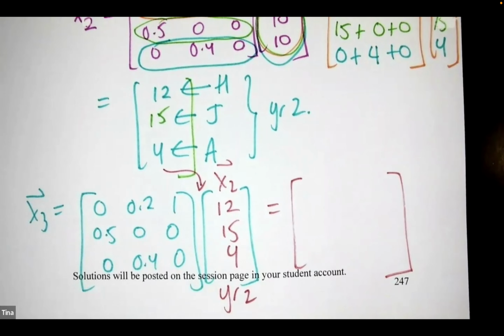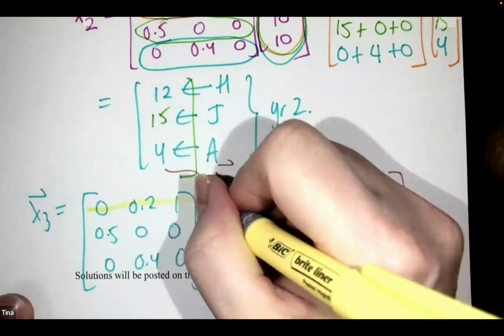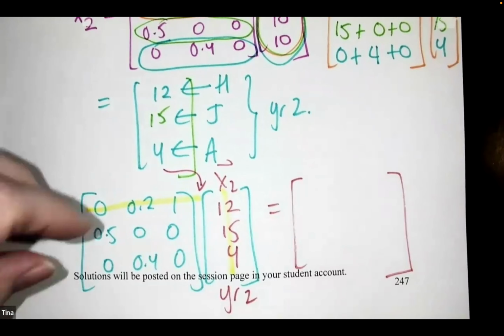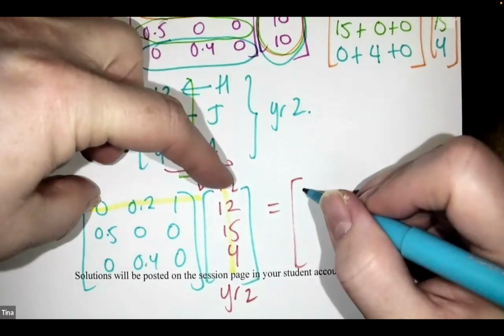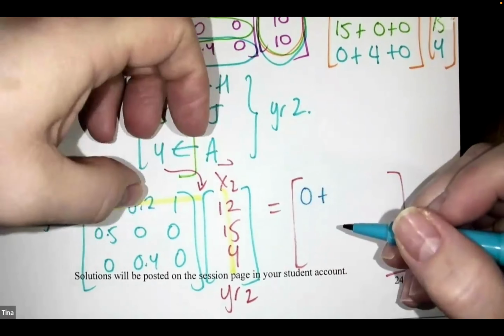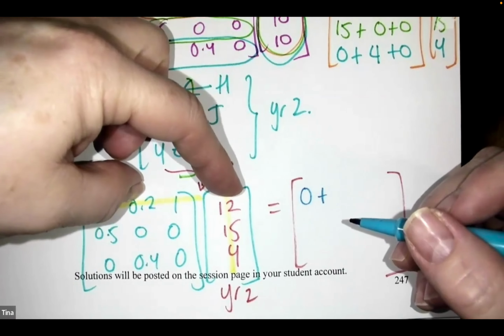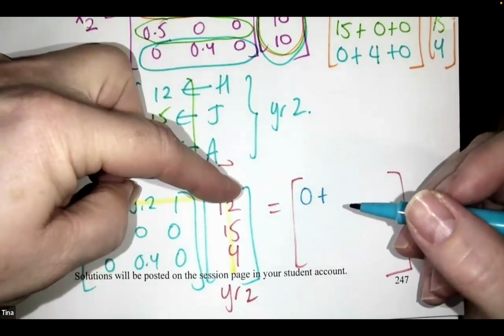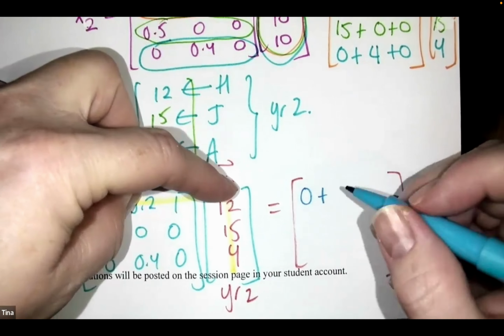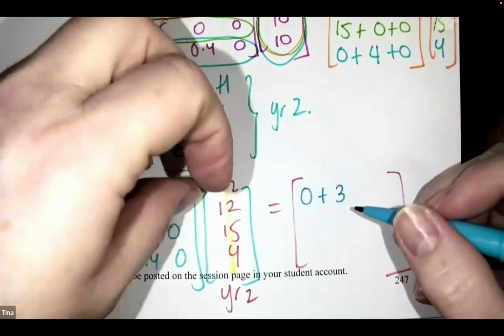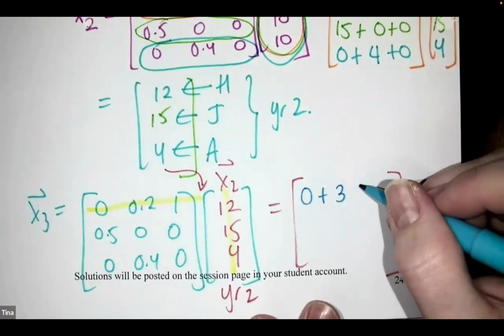Okay. So let's see. 0 times 12 is 0, plus 0.2 times 15, which is 3, plus 1 times 4.